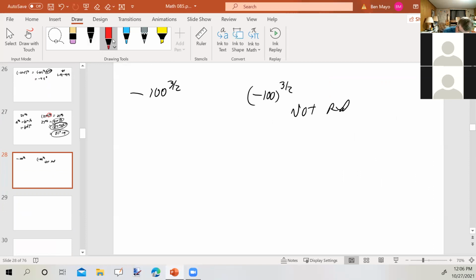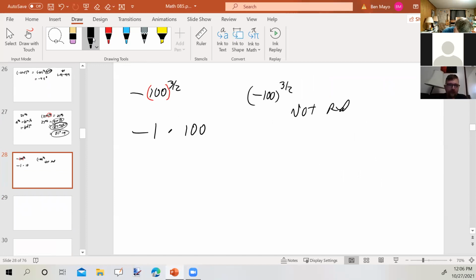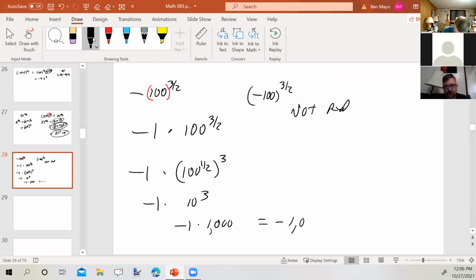But here, the base is just that. If you want the negative sign included in the base, you have to group it. So this is basically -1 times 100 to the 3/2 power, which is -1 times the square root of 100 cubed, which is -1 times 10 cubed, -1 times 1000, which is -1000.